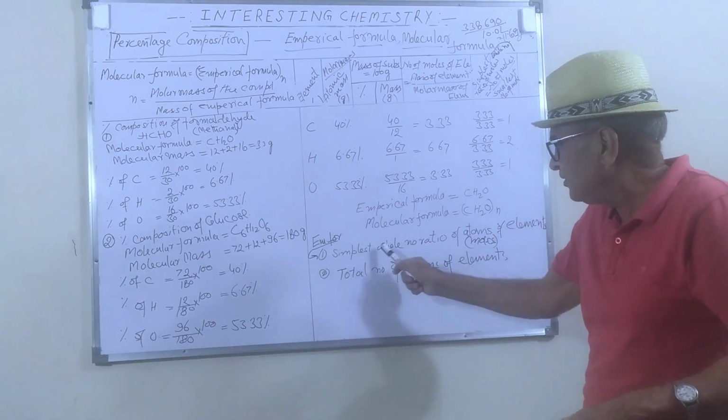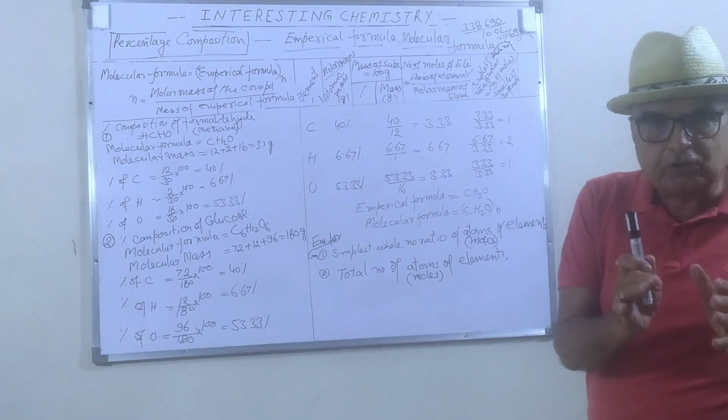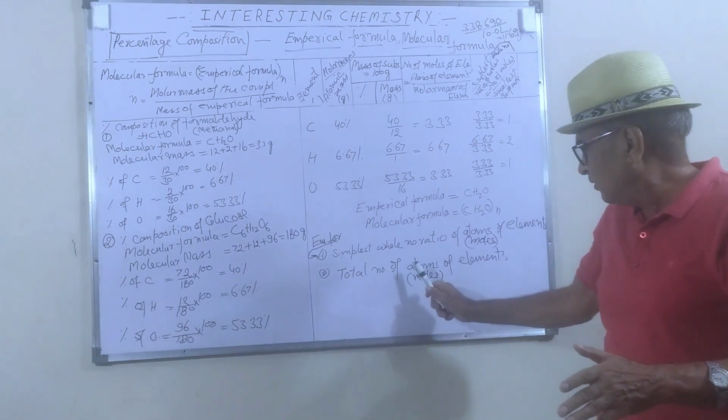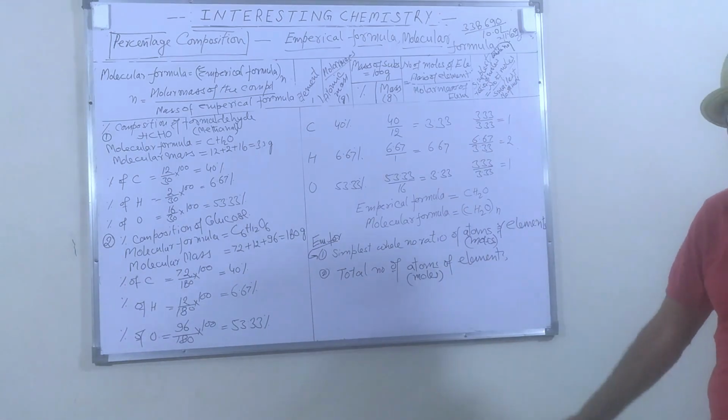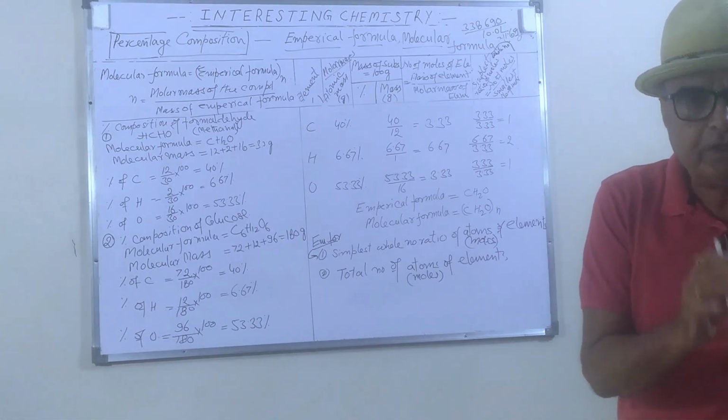This is the definition of the empirical formula. And the molecular formula shows us the total number of atoms, of elements present in the compound. So this is all about it.